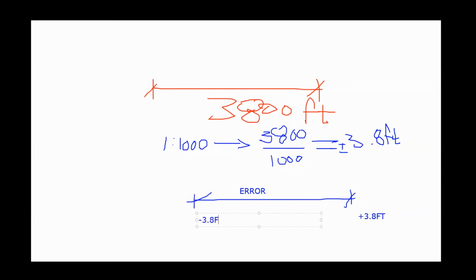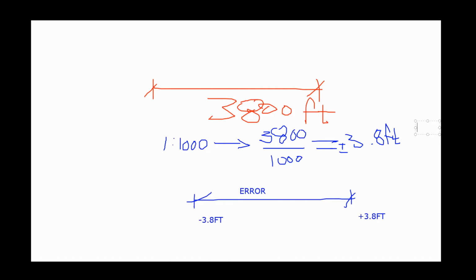If I knew the value of the error, I would just add it or subtract it from the 3,800. But I don't really know. No one really knows what the value of the error is. So that's why it's between these two. That's why it's a random error. No one can predict its value.